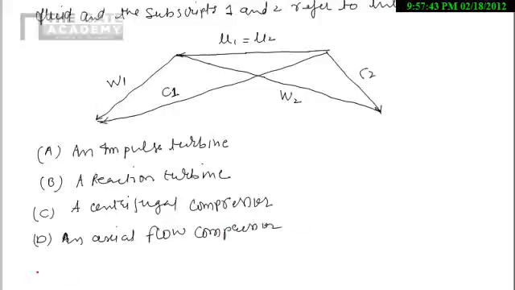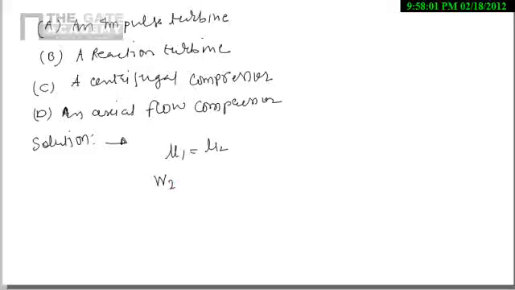So now let's solve this problem. If you look at the diagram, u1 equals u2, and if you compare the magnitudes of w2 and w1 with the help of this diagram, we can say w2 is greater than w1. So the relative velocity of fluid at outlet is more than relative velocity of fluid at inlet.